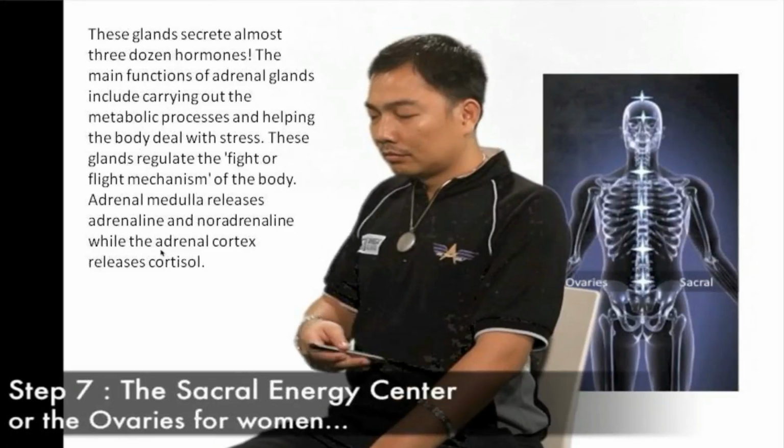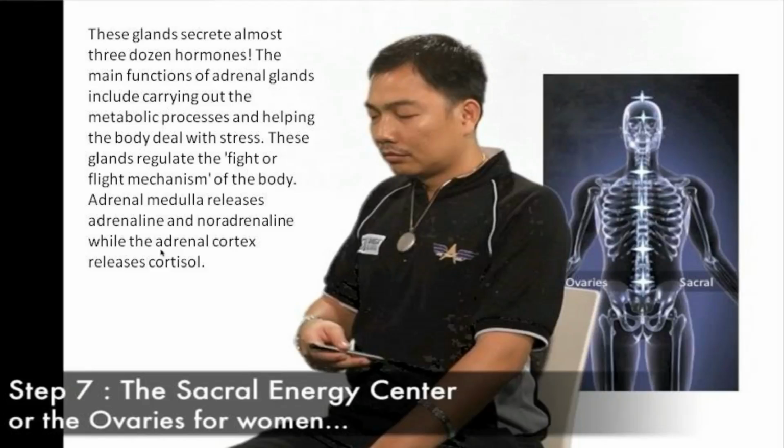Step 7 is the sacral energy center. It's about 1 inch above your navel. This gland secretes almost 3 dozen types of hormones. The main functions of the adrenal gland include carrying out metabolic processes and helping the body deal with stress.